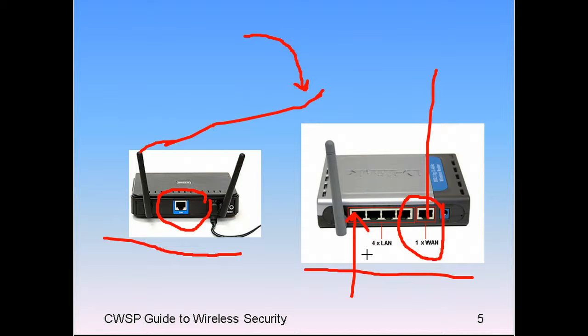Run a wire from the switch to the basement, plug the upper level switch into the lower level switch. Now what you need to do is go in and disable the DHCP server on the router.